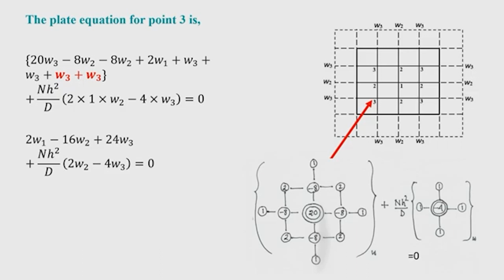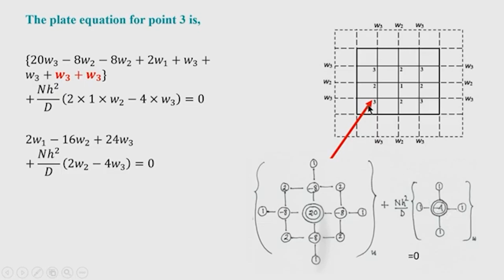Okay. So, writing this for the plate, and then we come to the buckling part, that is the in-plane force part. In-plane forces, the stencil is this: n square by d, 1, minus 4, 1, and vertically it is 1 and 1.